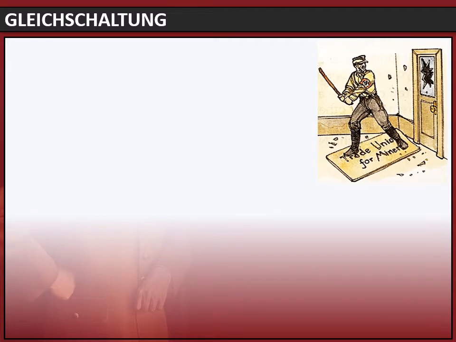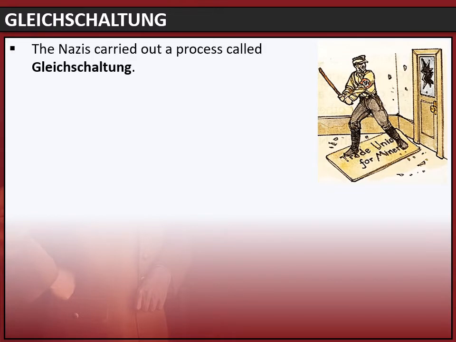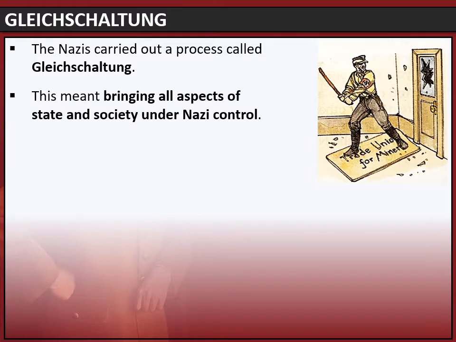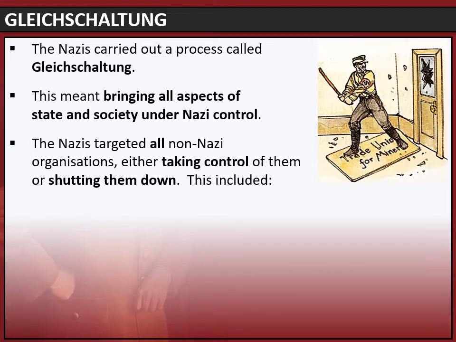So let's zoom in on Gleichschaltung for a moment. After Hitler made himself dictator, the Nazis carried out a process called Gleichschaltung. That meant bringing all aspects of state and society under Nazi control. The Nazis targeted all non-Nazi organisations, and they either took control of them or they shut them down completely.